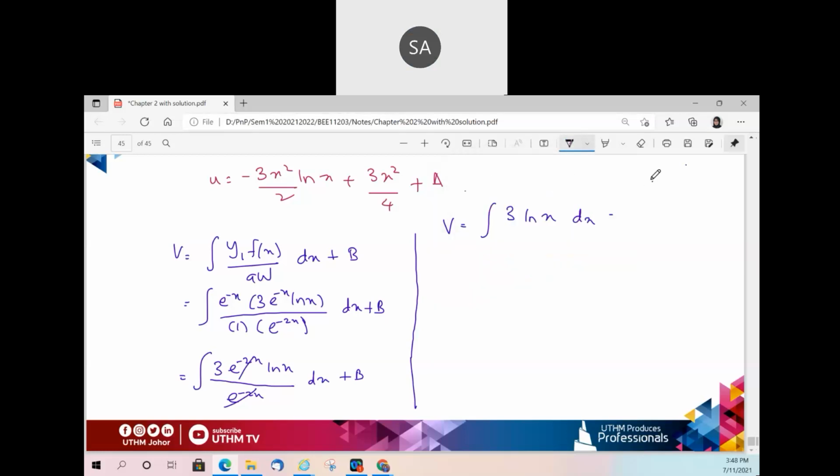Okay. So, what is u? What is dv? By the log rule, u equals ln x.